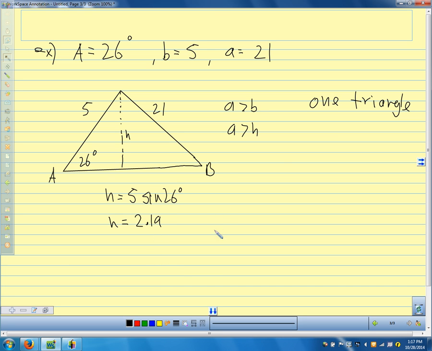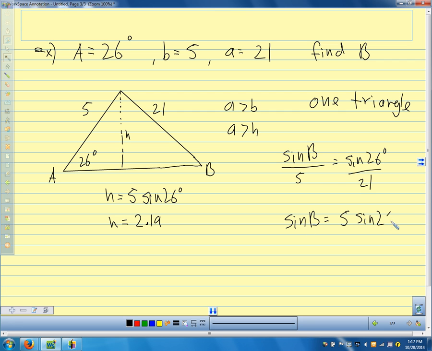So if this problem said find angle B, we could set up the law of sines. We'd say sine B over 5 equals sine 26 degrees over 21. So sine B is 5 sine 26 over 21.